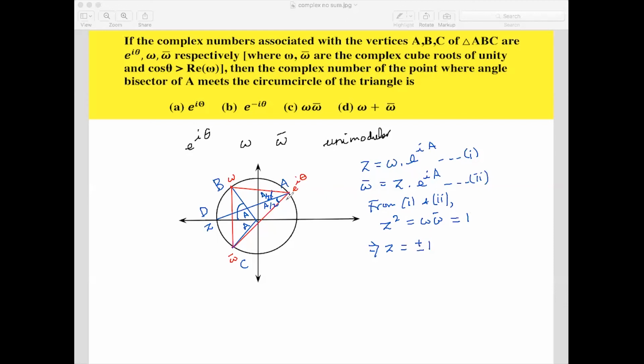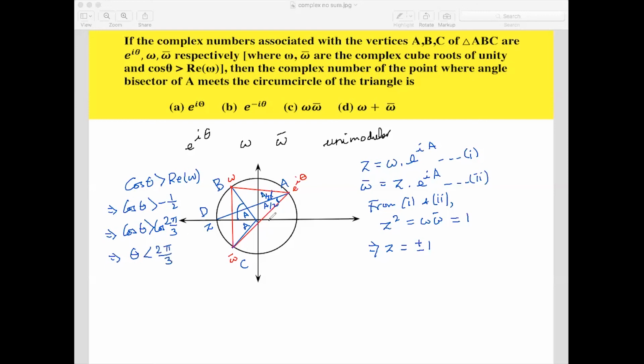Now, one fact I missed talking about is this angle given here. Why did I take A here? I could have taken A on this side also. But here it's given that cos theta is greater than the real part of omega. Now, what is the real part of omega? It is minus half. So cos theta will be greater than minus half. That makes cos theta greater than cos 2 pi by 3, and that gives us that theta is less than 2 pi by 3.